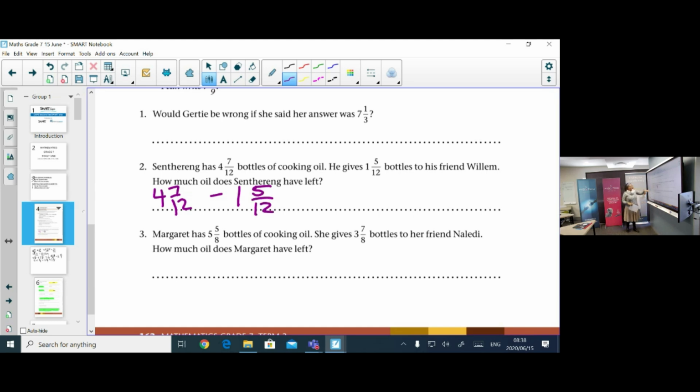What you see here when you subtract, because 7 is greater than 5, it can be easier to subtract. And then 4 minus 1, you can simply say 3, and then 7 minus 5, which is 2 over 12. It's safe to do this only if this number here is bigger than this one here.